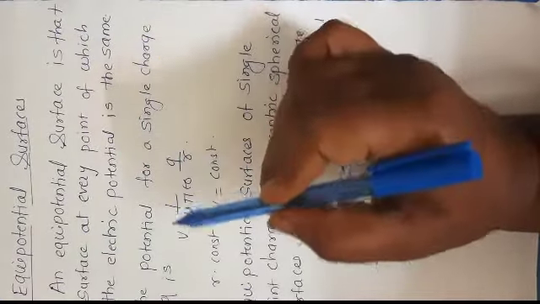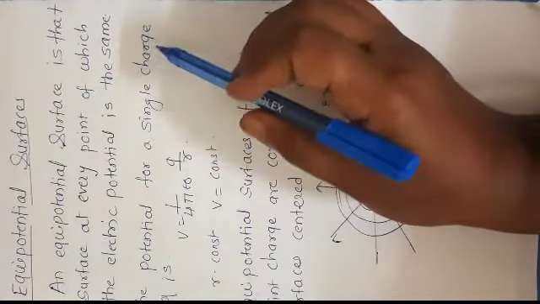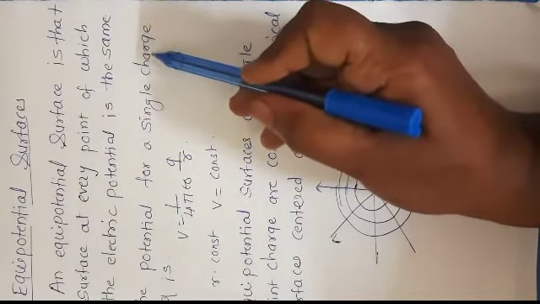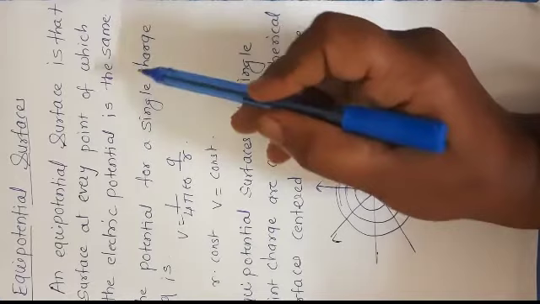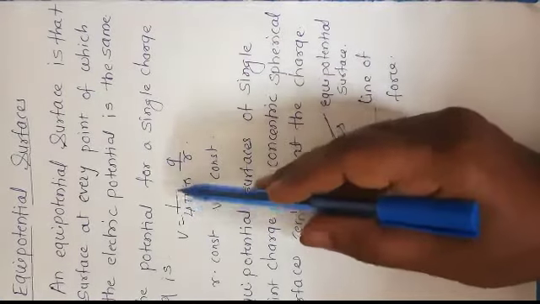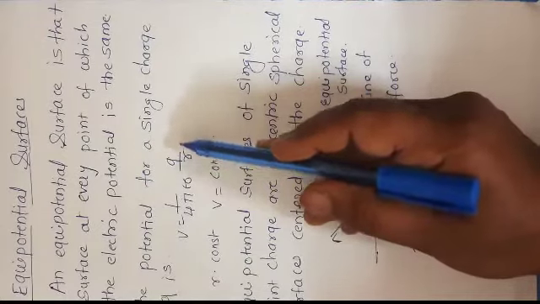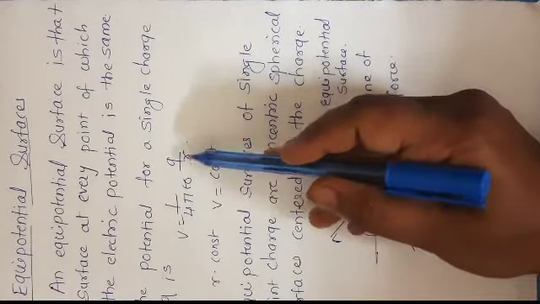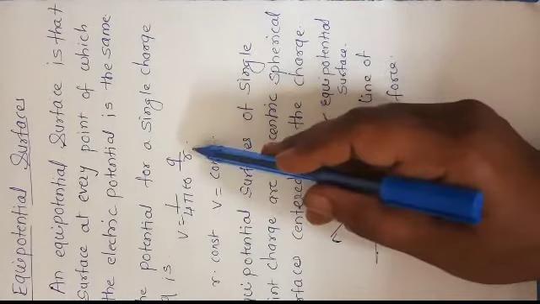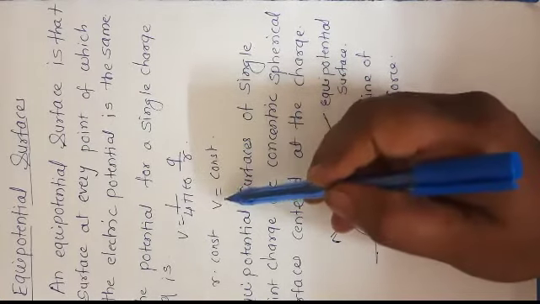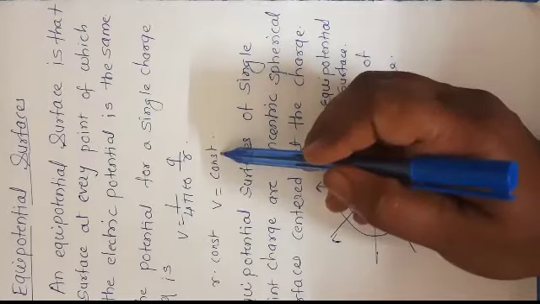Now the formula for the potential due to a single charge. Here we consider only one charge. The formula for the potential is V equals 1 upon 4 pi epsilon 0, q upon r. If r is constant, meaning the distance is constant, then the potential is also constant.